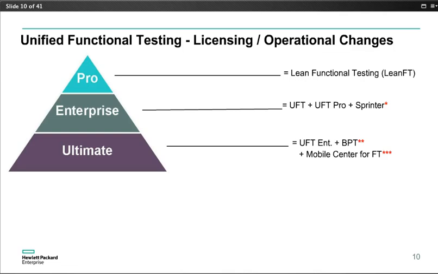This rename to UFT Pro, with the name LeanFT always there in brackets, is to bring LeanFT under the UFT umbrella. By that we're not only enhancing the UFT brand equity, but we are also tightening the connection between the two and reinforcing the common goal they serve, which is to enhance software test automation.